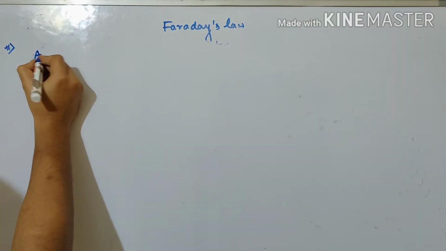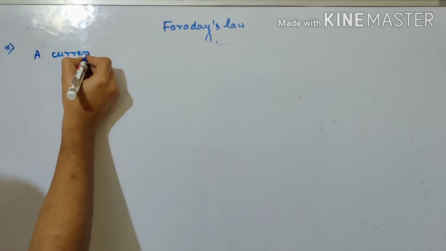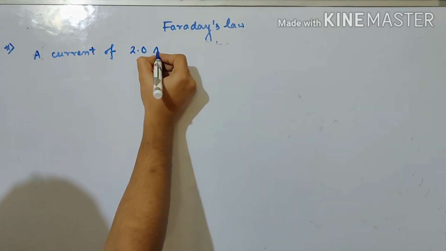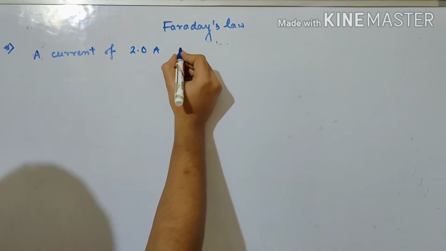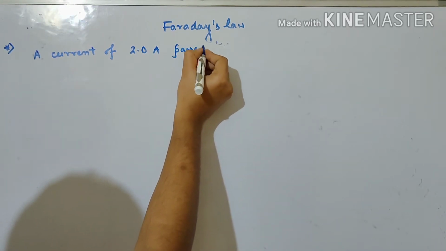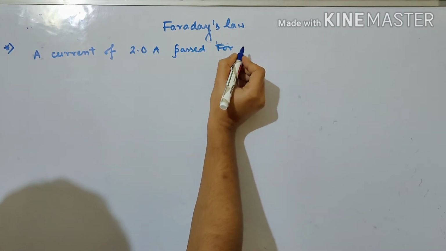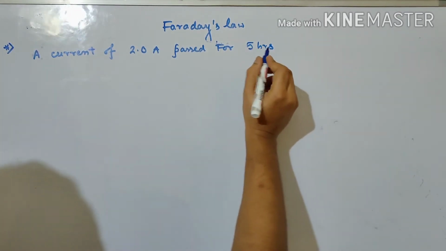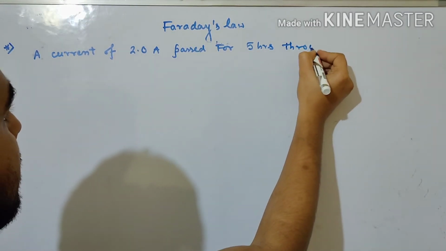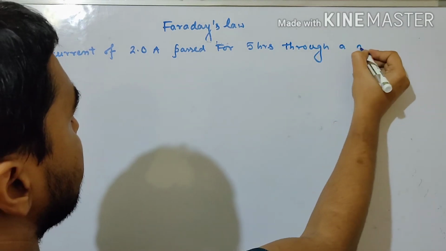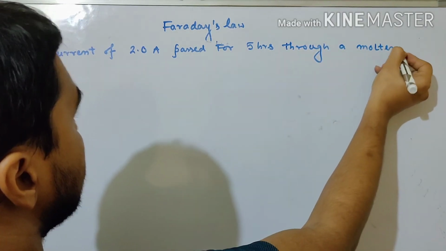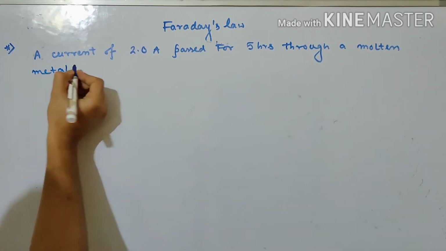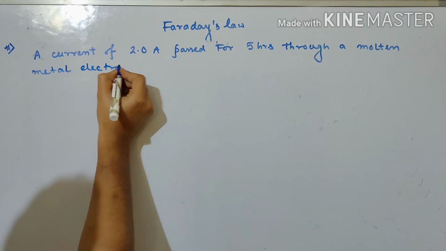The question is, a current of 2.0 ampere passed for 5 hours through a molten metal electrode.